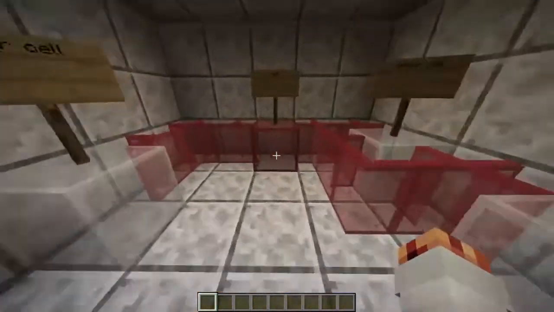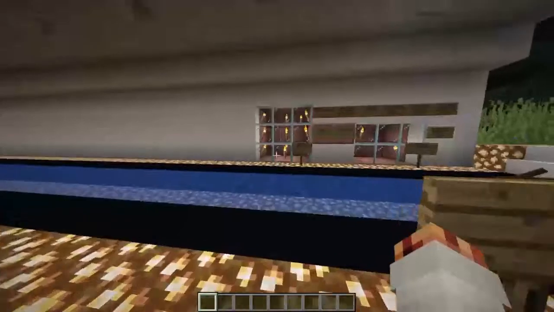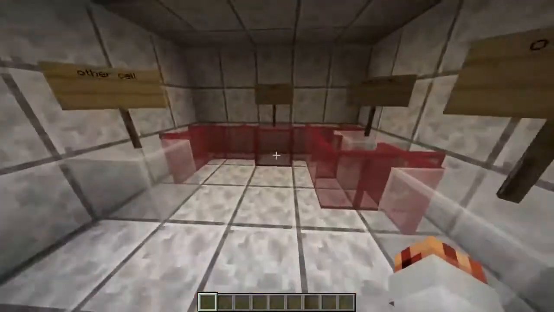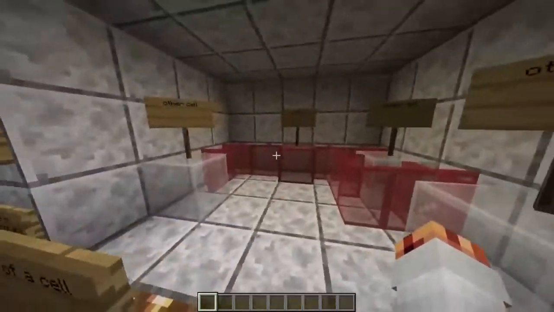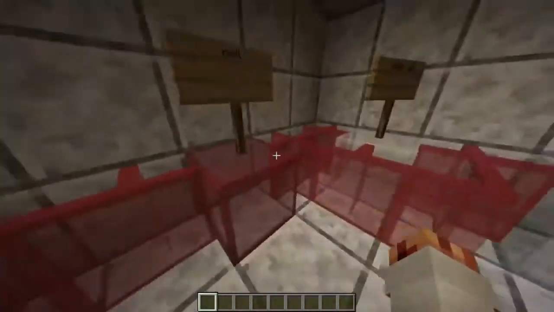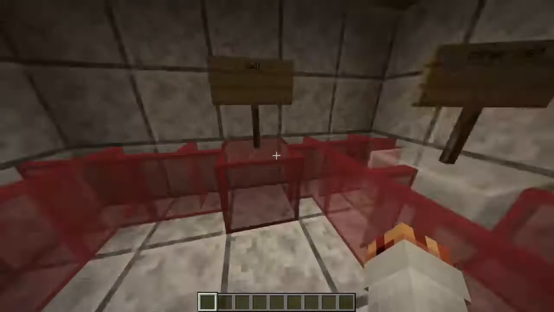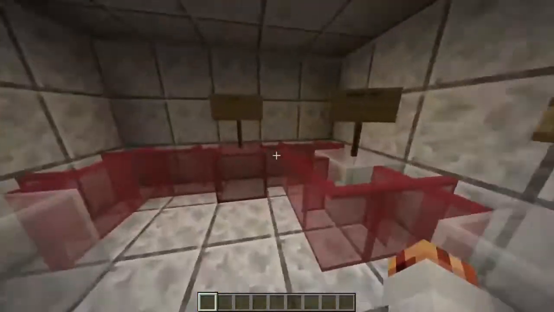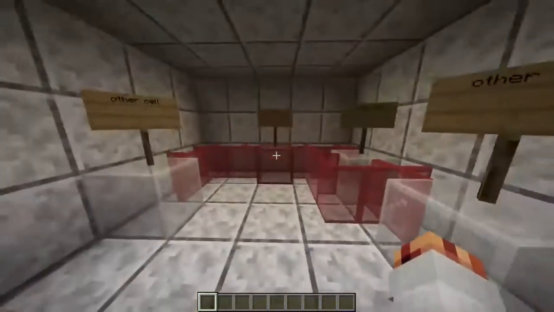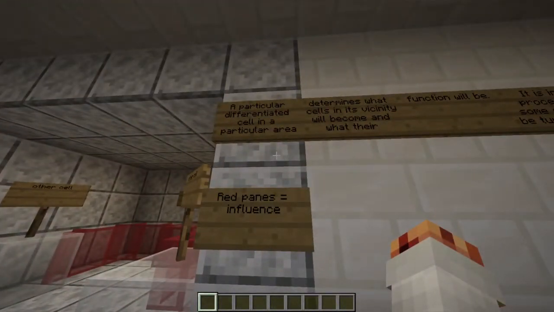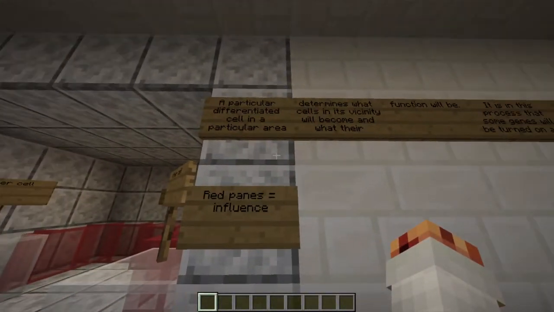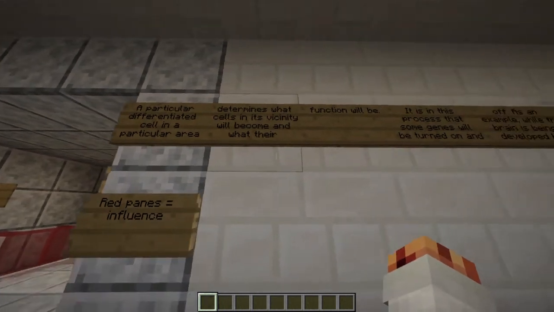In this case, this is the differentiated cell, like cell 2, because it's already differentiated with all the molecules on its side. It affects the cells near it, with the red panes being the influence it has on them. So a particular differentiated cell in a particular area determines what cells in its vicinity will become and what their function will be.